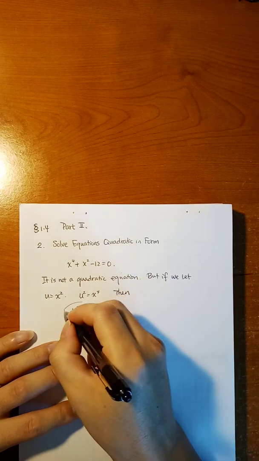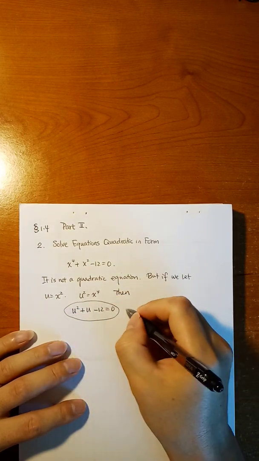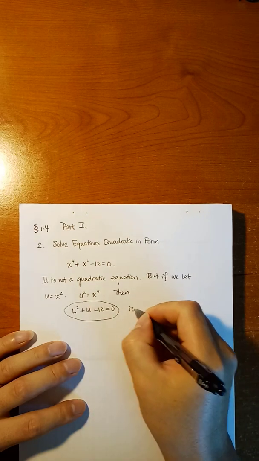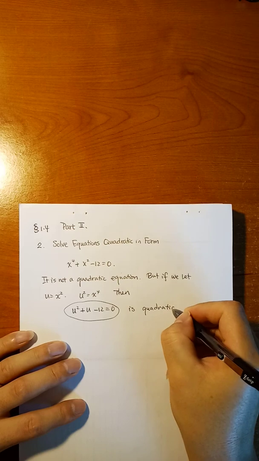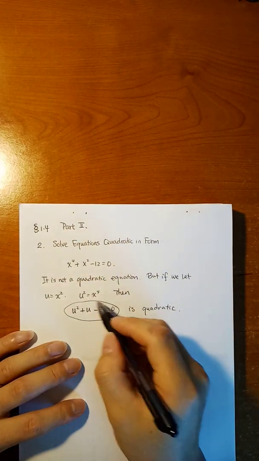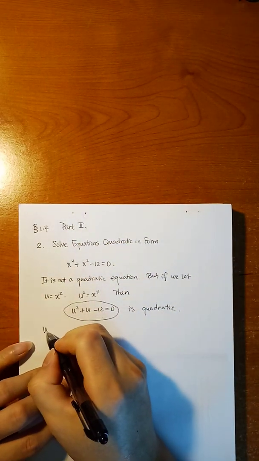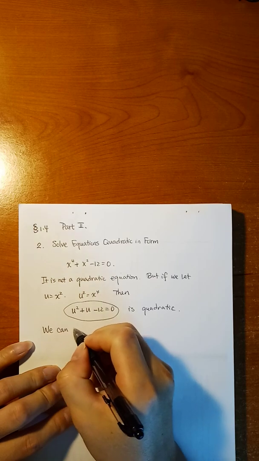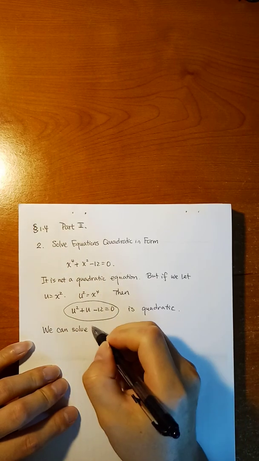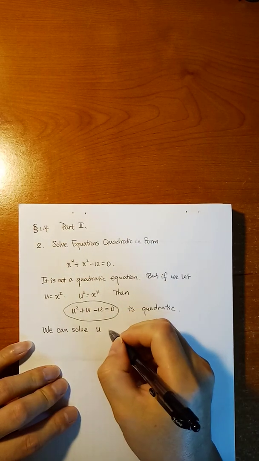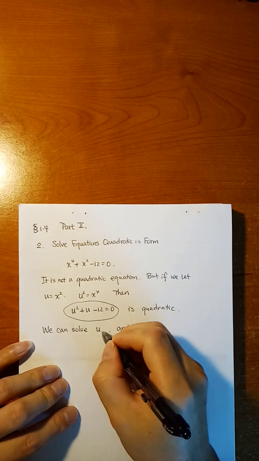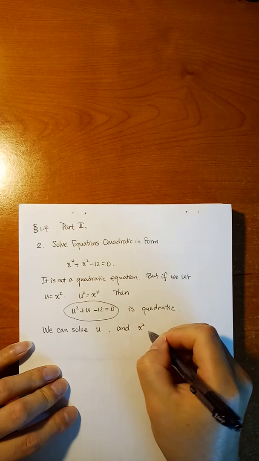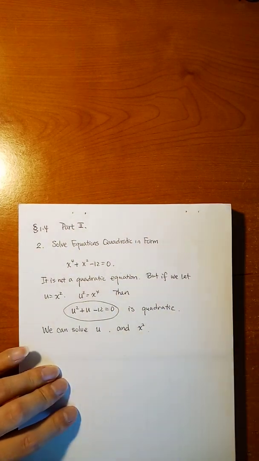Then this is a quadratic equation. And we can first solve for u. And after you get the result of u, you let x squared be u, and you solve for x squared.